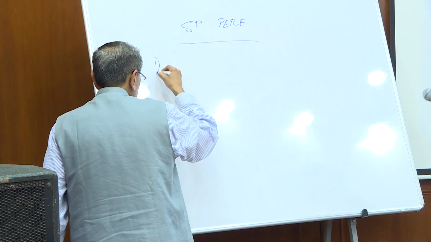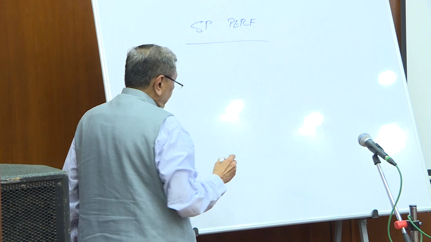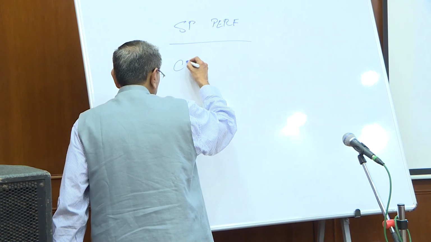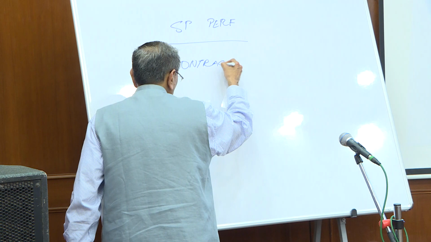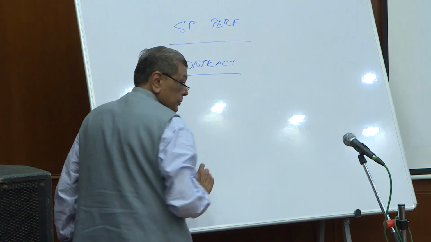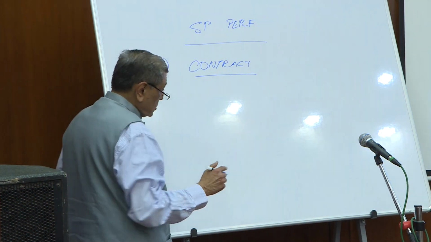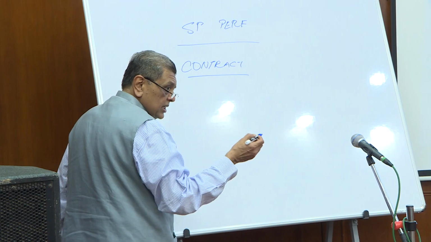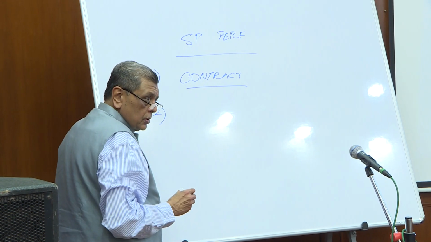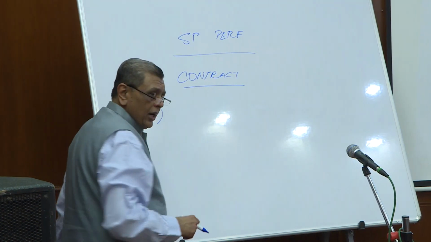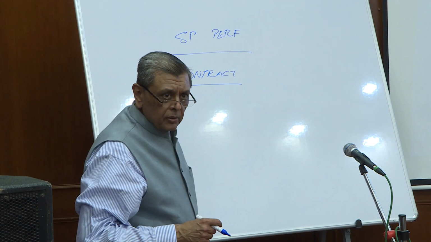Okay, the first of these is the contract. Correct? How the contract comes into being, whatever the various steps. The second are the obligations. Yeah, why did you put up your hand? I haven't asked you a question.